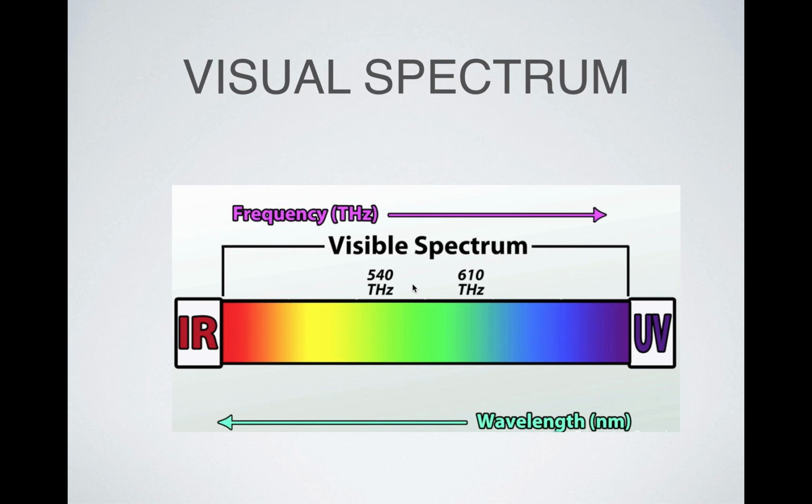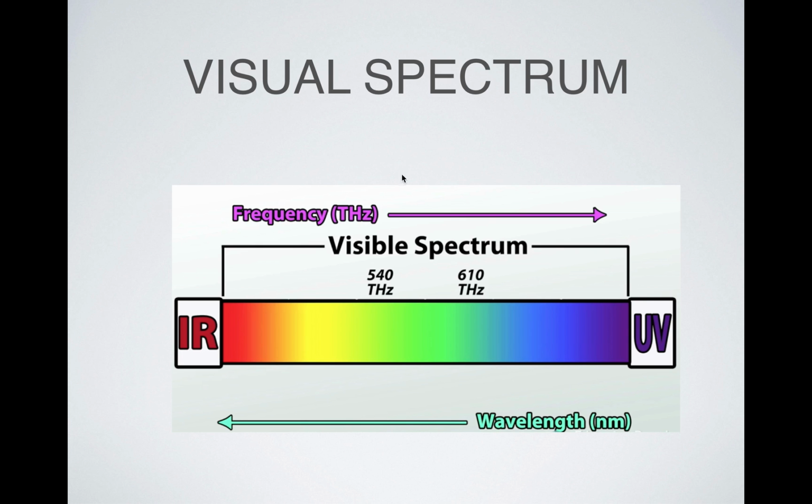Okay, getting back on topic, the visual spectrum. This is pretty interesting. I did not know this until I started doing my research: all of the colors in the visual light spectrum are characterized by different frequencies.